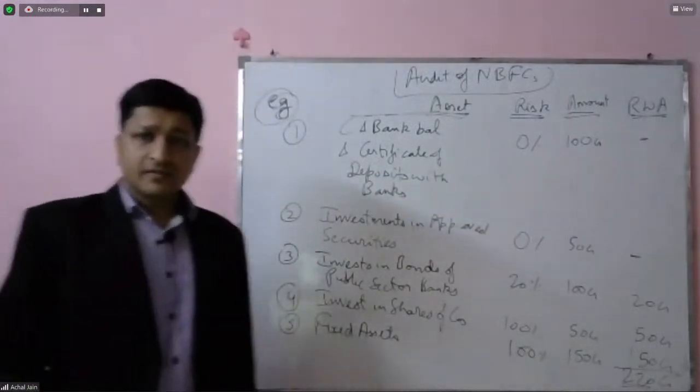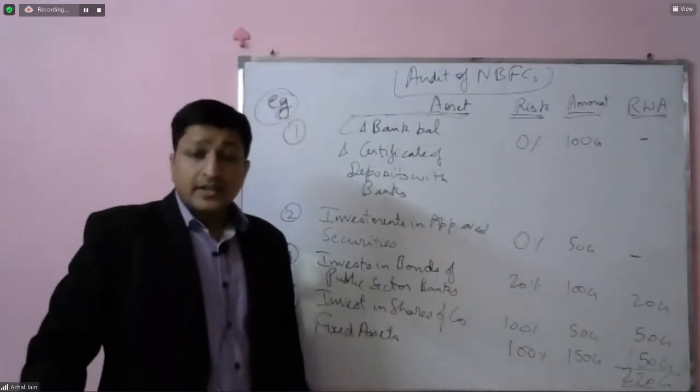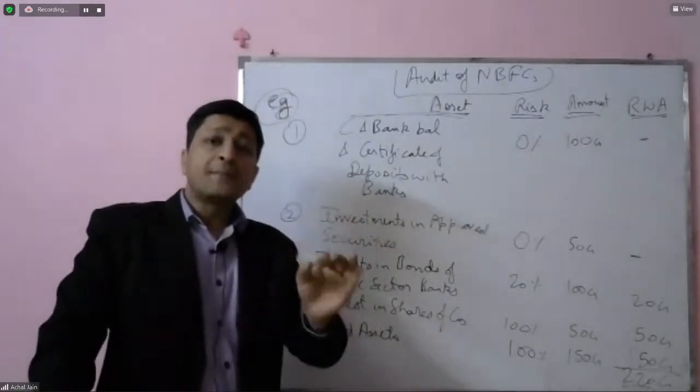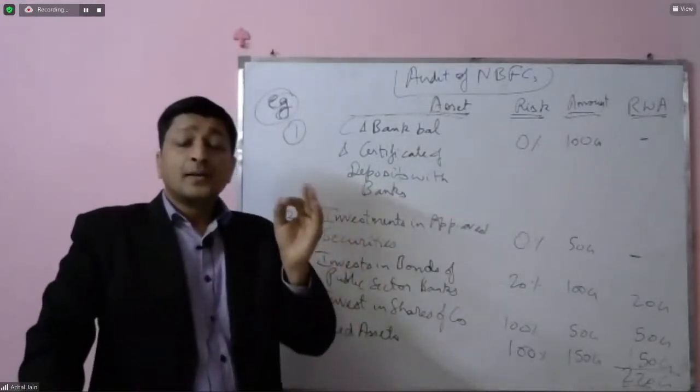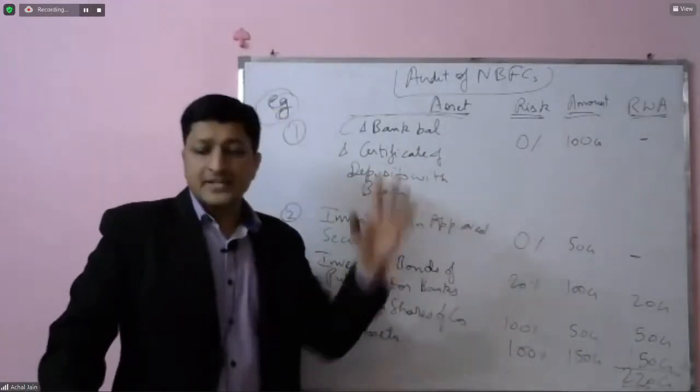Understood the meaning of risk-weighted assets? Now the criteria says that the capital of an NBFC should be a minimum of 15% of these risk-weighted assets.